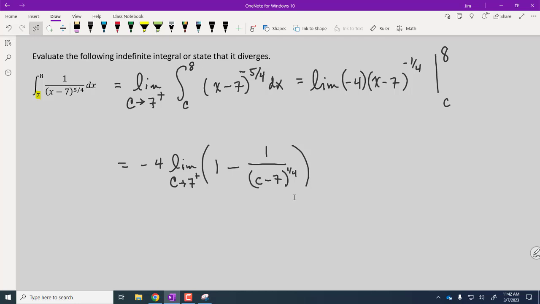All right, so let's think about what's happening here. This denominator is going to 0. It's going to 0 through positive values. This c value is always a skosh bigger than 7. So a number slightly bigger than 7 minus 7 is always positive.